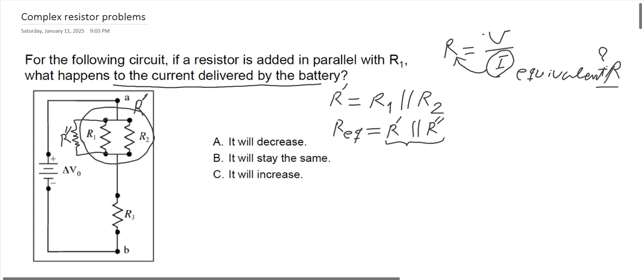What happens to this? We have R prime in parallel with R second. If you remember from the last session, when we have two resistors in parallel, the answer is R prime times R second divided by R prime plus R second.